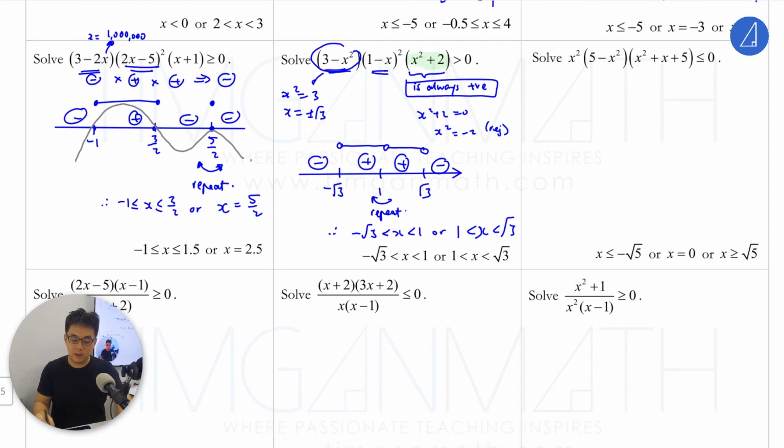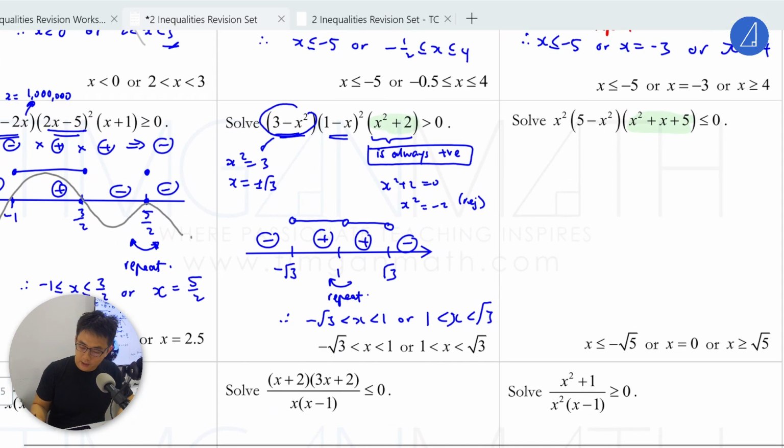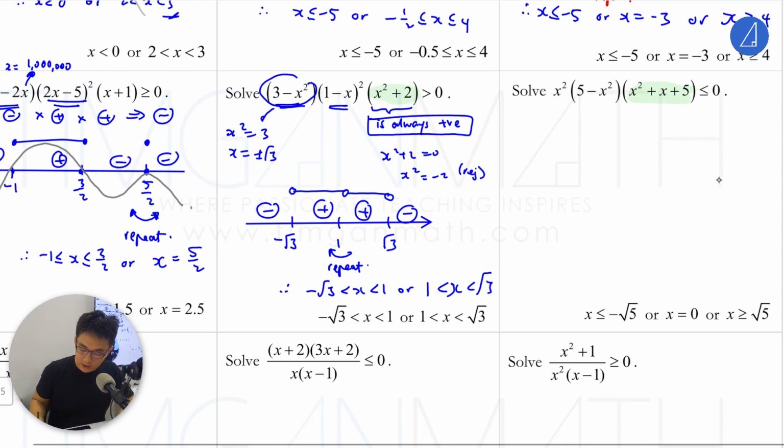Always positive. Similarly with this one, you check. I think we need more time here. I thought we could skip faster, but okay, we just take some time. Then we have minus root 5 and root 5. This one is always positive.